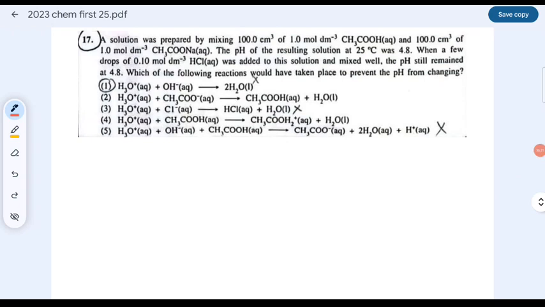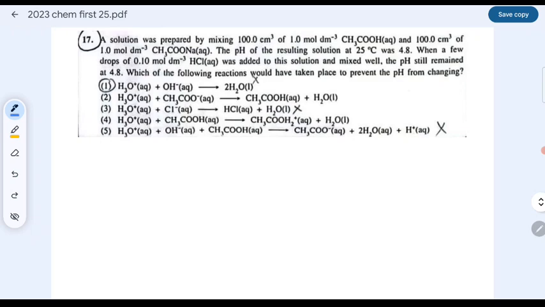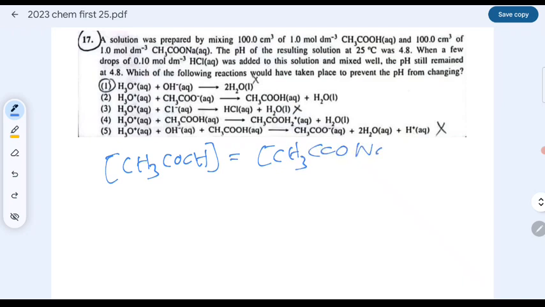Now, let's move on to the 17th question. A solution was prepared by mixing 100 cubic centimeter of 1 M CH3COOH and 100 cubic centimeter of 1 M CH3COONa. So both are mixed in equal volumes and equal concentrations, which means CH3COOH and CH3COONa concentrations are equal, and this is a buffer solution.